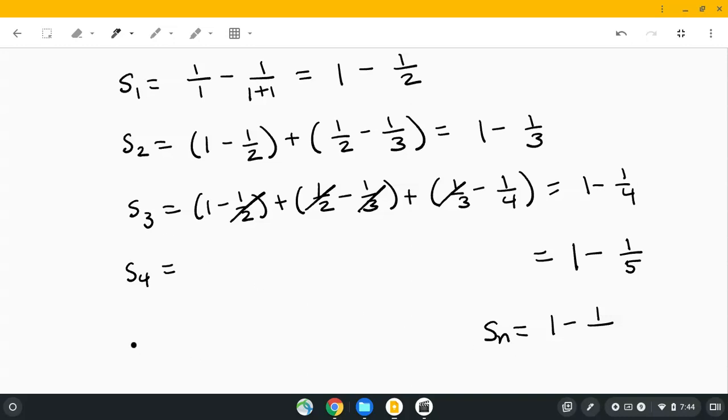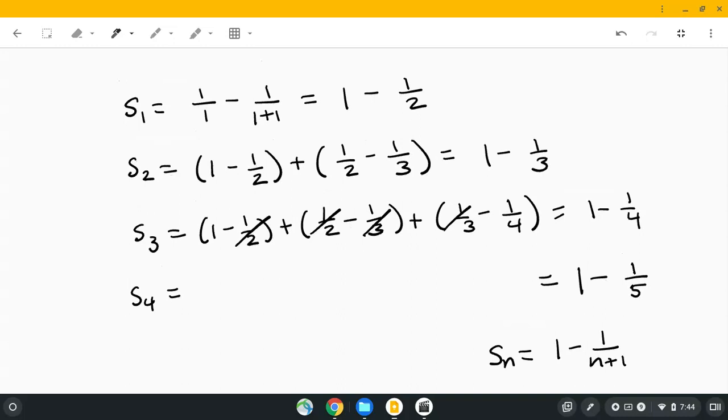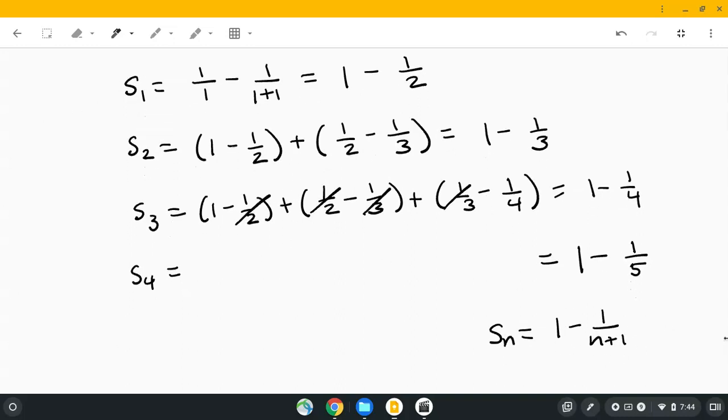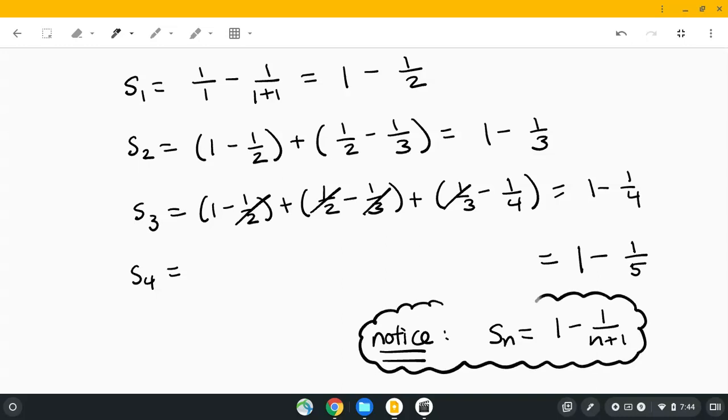So if it's n, it will be n plus 1. They're not asking you to find this. They're actually asking you to find this part over here, but we're leading into this, and I'm just trying to get you to notice that there is some pattern in some of these partial sums.